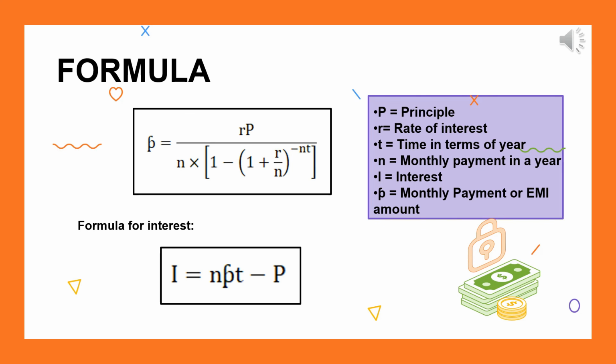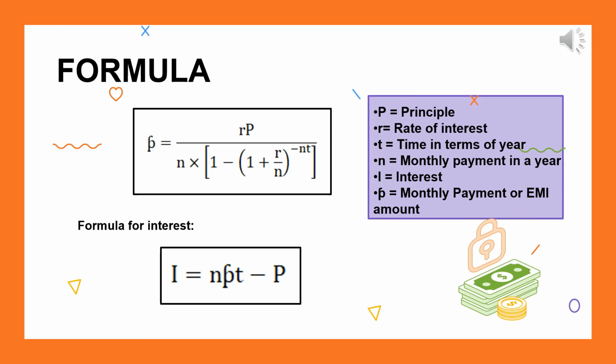Now, on this slide is shown a formula of amortization and a formula for interest. Before that, we can look at the purple box that has the meaning of the symbols in the amortization formula. We can start with the symbol P. P is the principal.